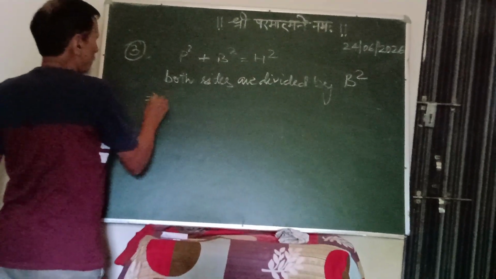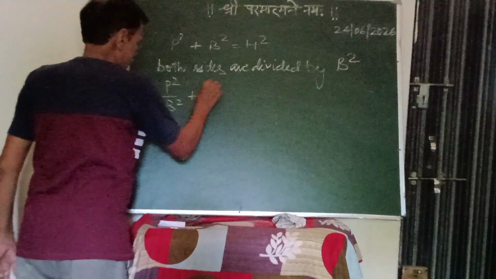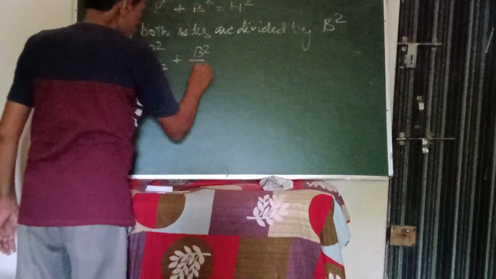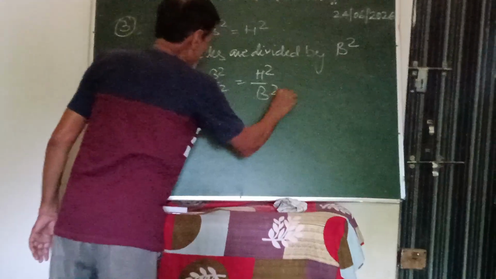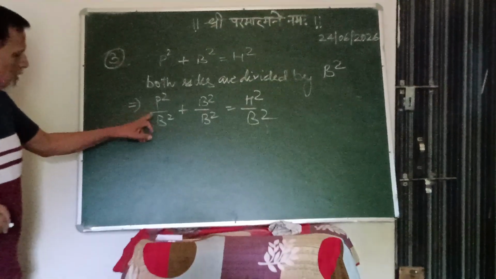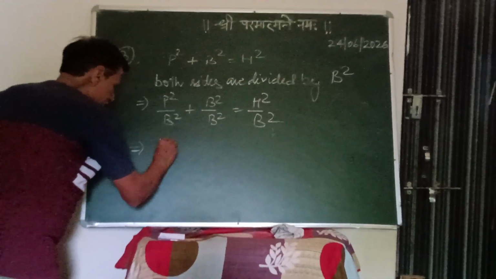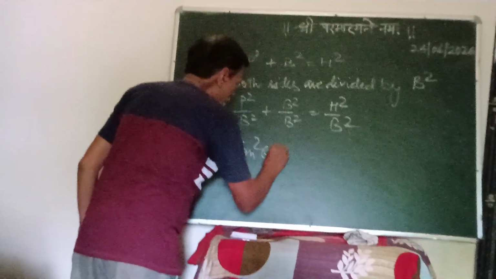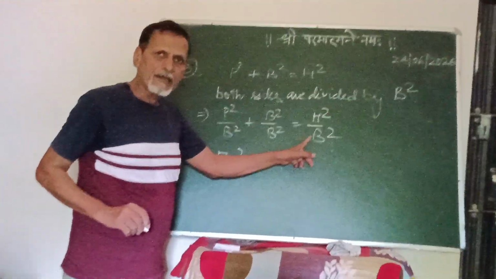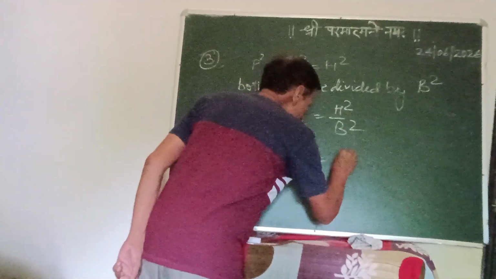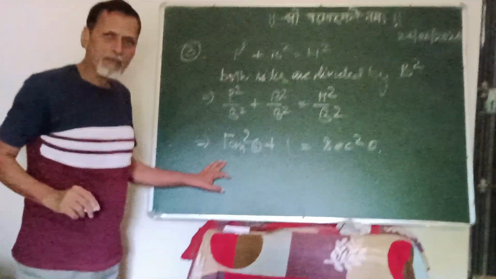Now this will be p square by b square plus b square by b square is equal to h square by b square. All of you know p by b is tan, so here will be tan square theta plus 1 is equal to h by b, which is sec, so sec square theta. This is the third formula.